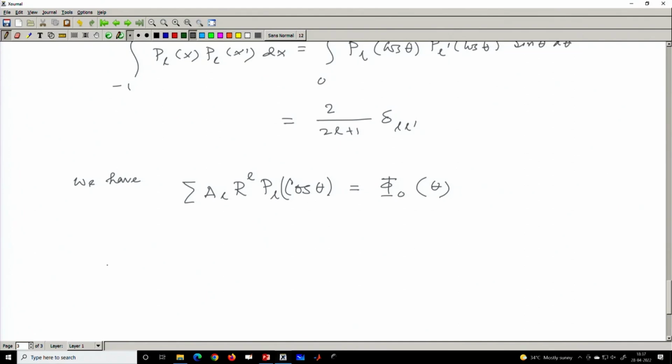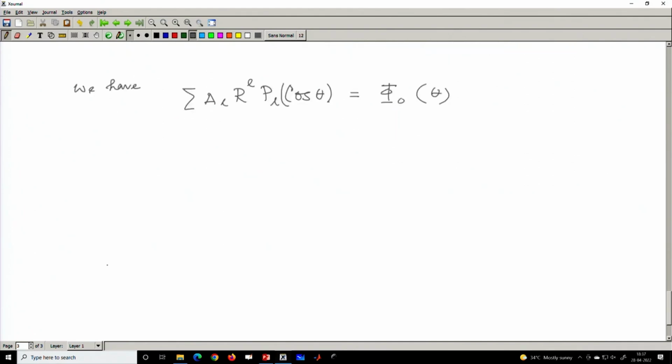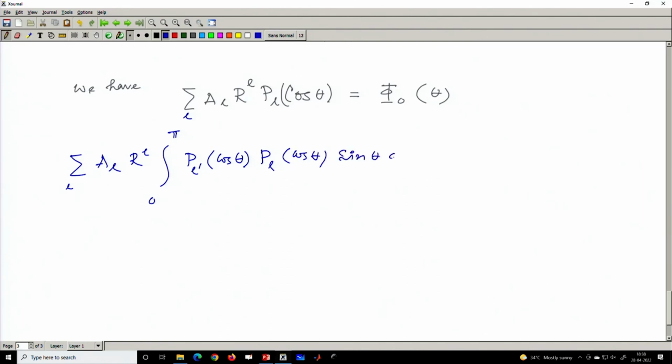So, sum over L of A_L, with r to the power L put outside because it has nothing to do with cos theta, then integrate from 0 to pi, P_L'(cos theta) multiplied with P_L(cos theta), which is already there, sin theta d theta.